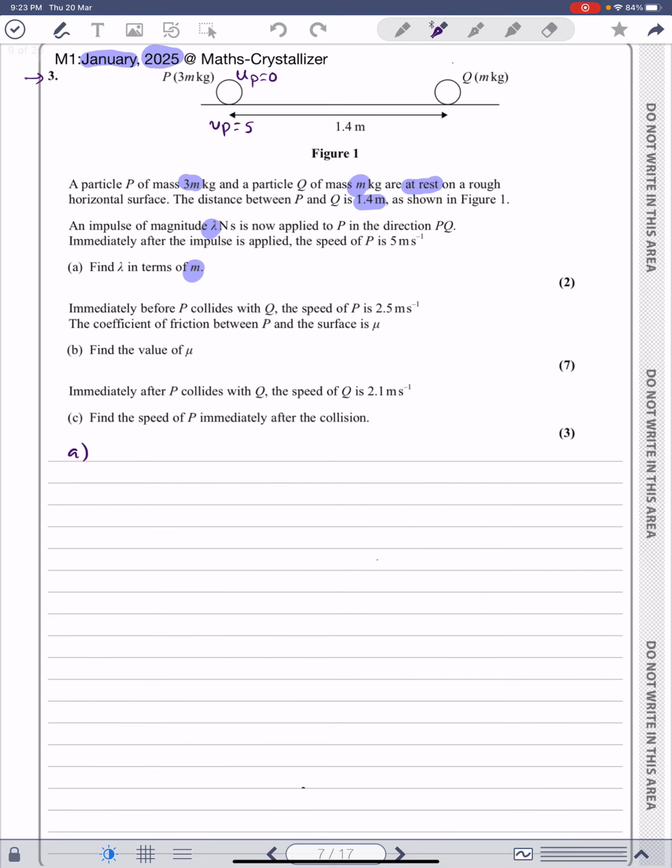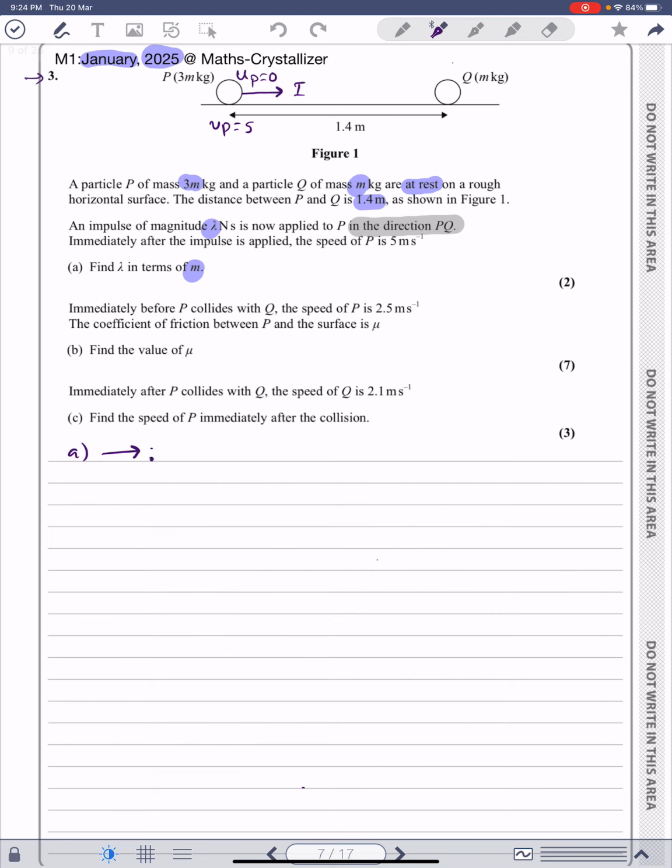I remember I asked my students, if you were summarizing this chapter in one word, what would you say? And the answer was direction. We start these questions with direction. So the positive direction, as stated, is the direction of PQ. You keep this as the positive direction for the whole question.